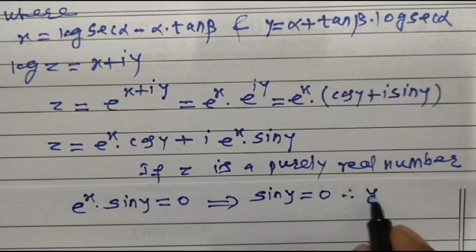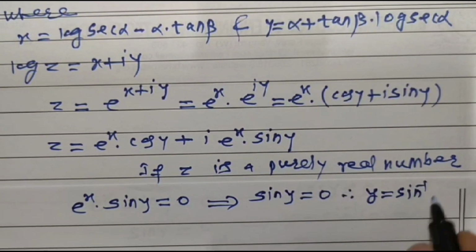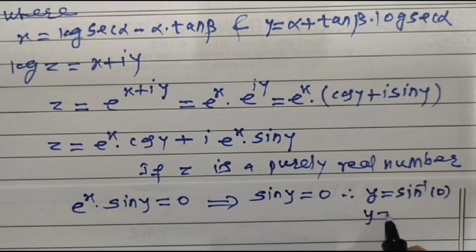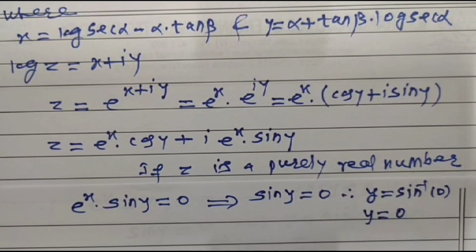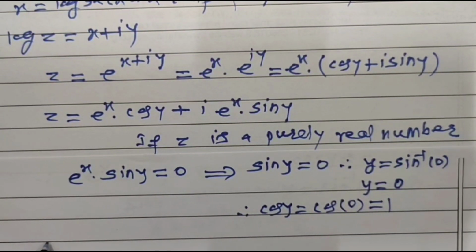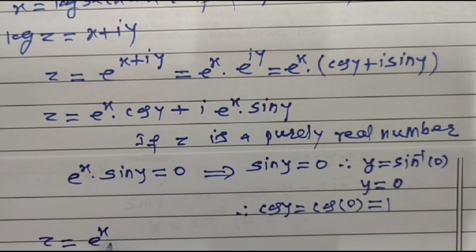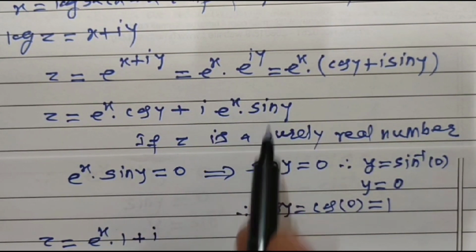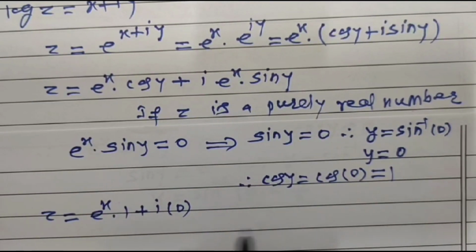Hence y is equal to sin inverse 0, which implies y is equal to 0. If y is 0, then cos y is cos 0, which is 1. Hence z is equal to e to the power x into 1 plus i times e to the power x sin y, which is 0. This implies z is equal to e to the power x only.